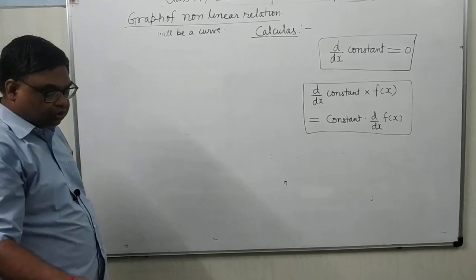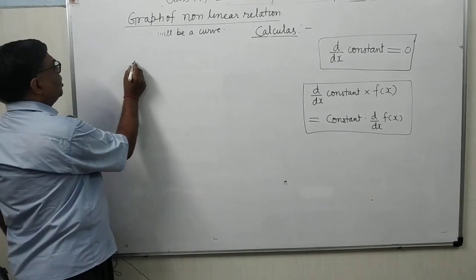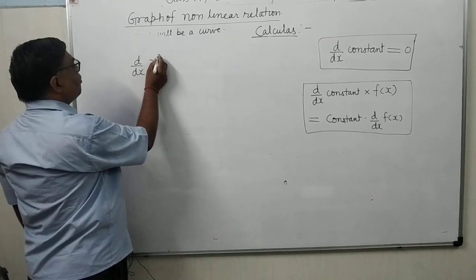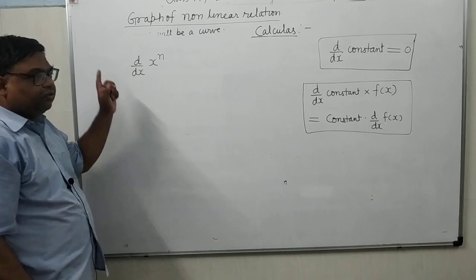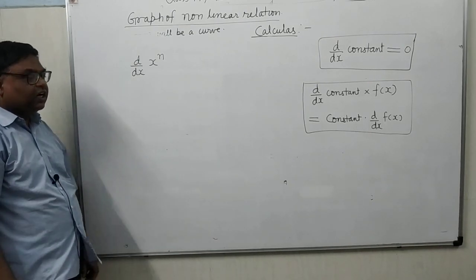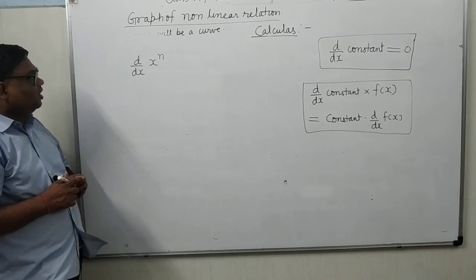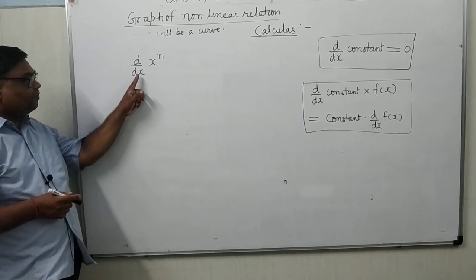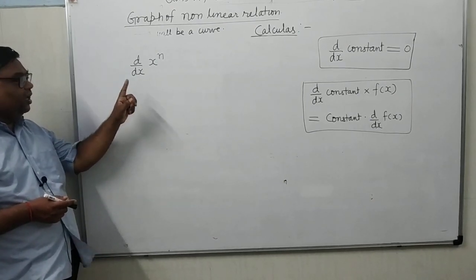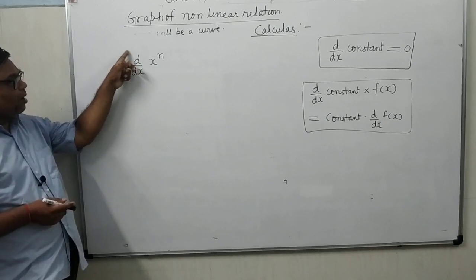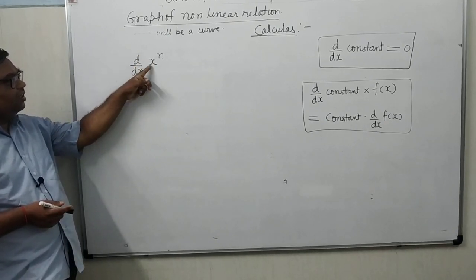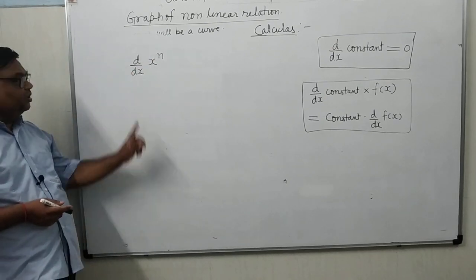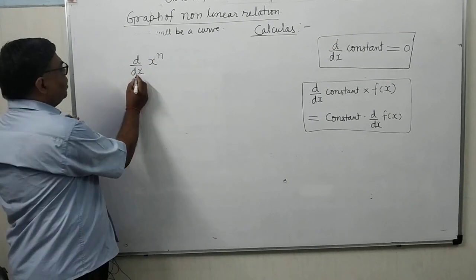This formula, d by dx of x to the power n, is very much used in physics and especially in kinematics. Here you have to take care that the operator is of x and the power is also raised over x. Means these two things should be the same.